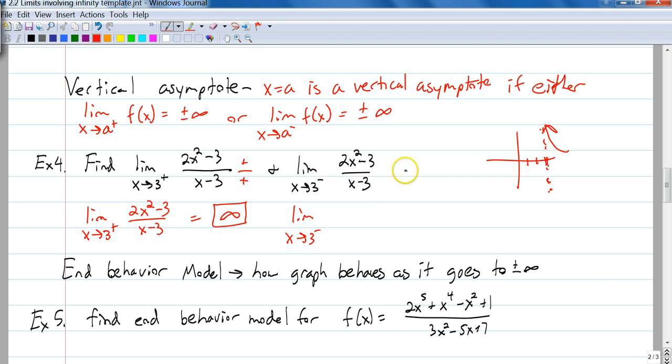For example, put in 2. At 2, you get a negative on the bottom, and you get a positive on top. Therefore, the limit of this function is going to be negative infinity when it approaches from this direction.